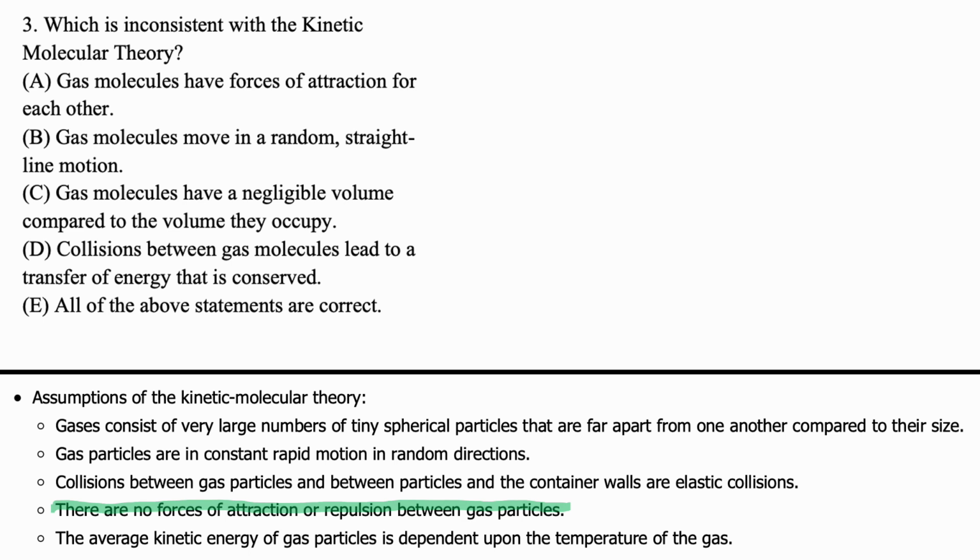That would be the answer, because in our kinetic molecular theory, we know that with gas particles, there are going to be no forces of attraction because they are moving so fast and at such rapid motion that they are not going to experience those forces of attraction between each other. So A would be the answer for this question.